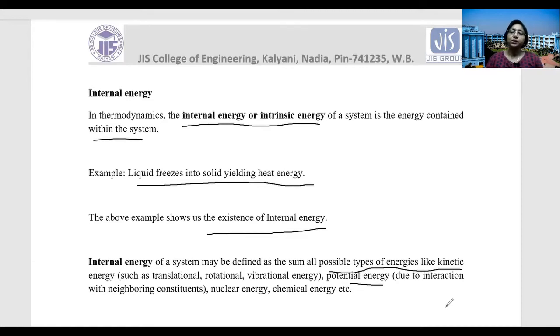All these are the stored energy, called the potential energy, and the moving energy is called the kinetic energy. So the sum of this kinetic energy and potential energy is called the internal energy.